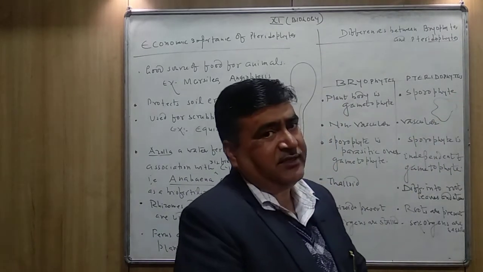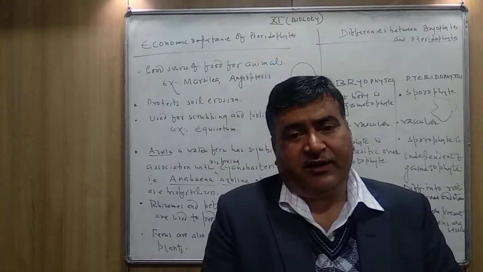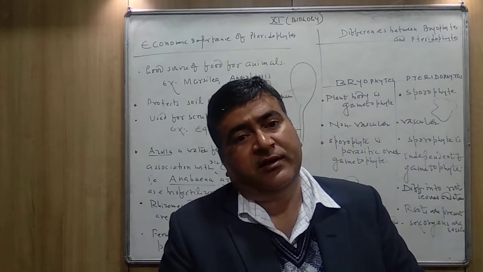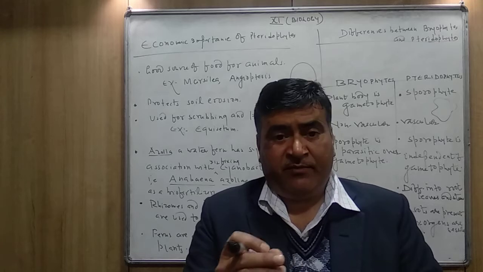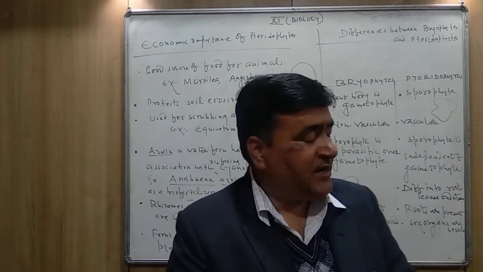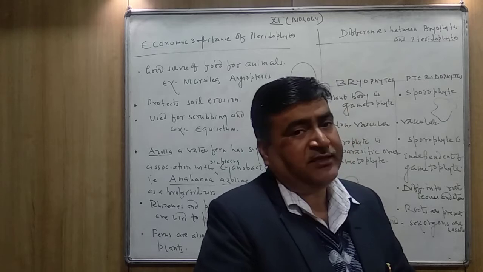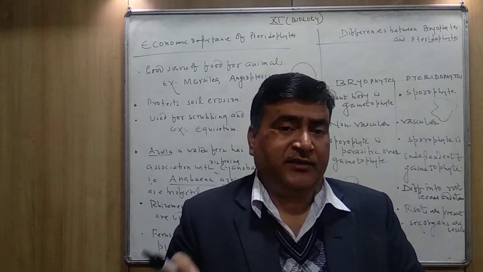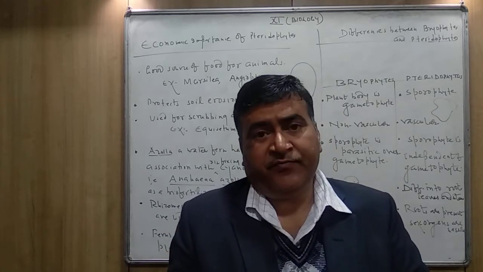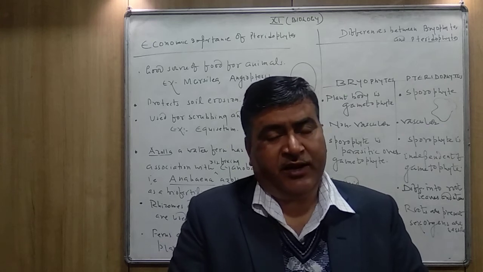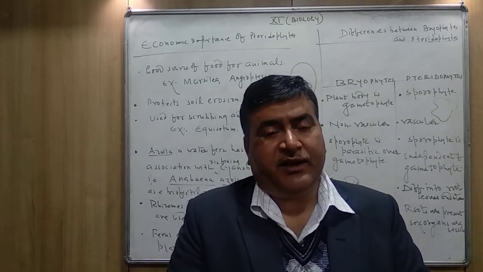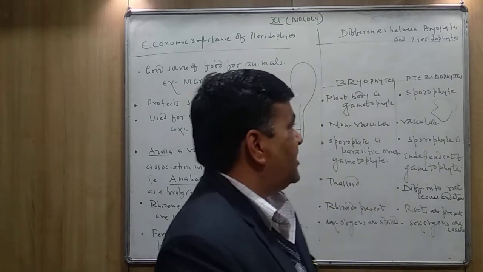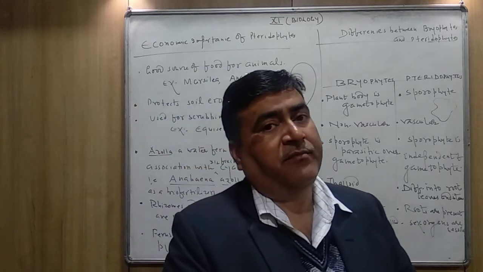In the antheridium and in the archegonium of bryophytes, the sex organs have a stalk-like structure, but here the sex organs are sessile, meaning they don't have a stalk, and these male and female sex organs are embedded in the prothallus, the gametophyte. So these are all the differences between bryophytes and pteridophytes.